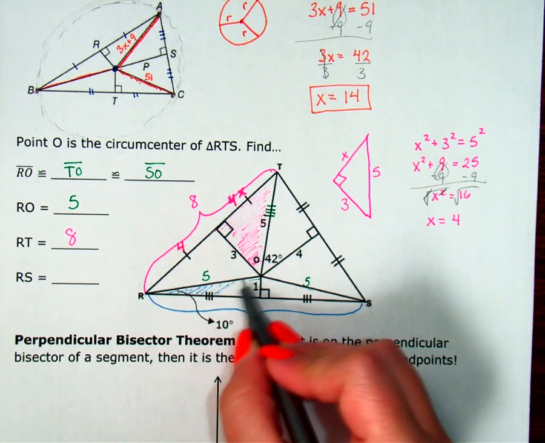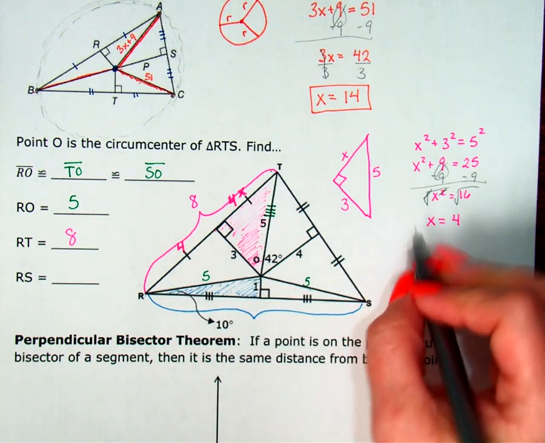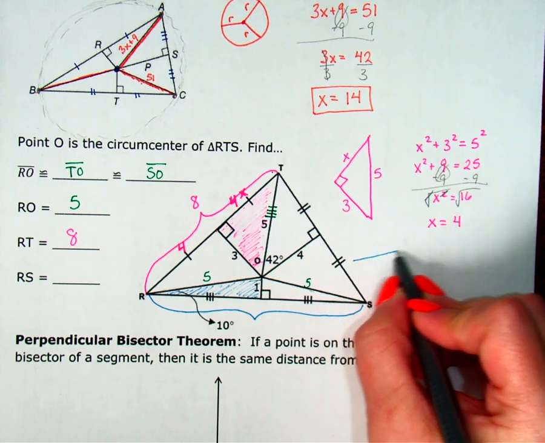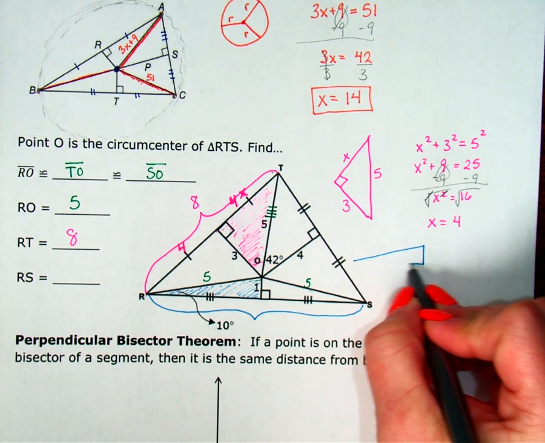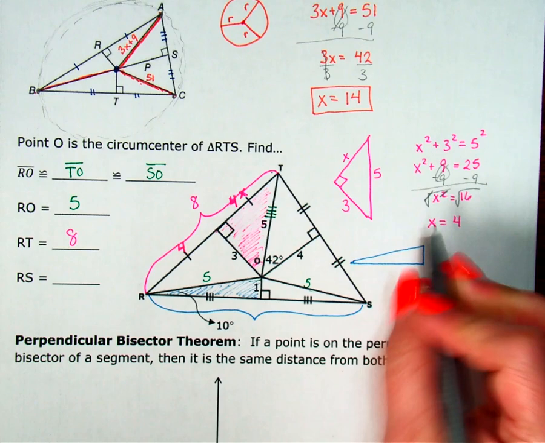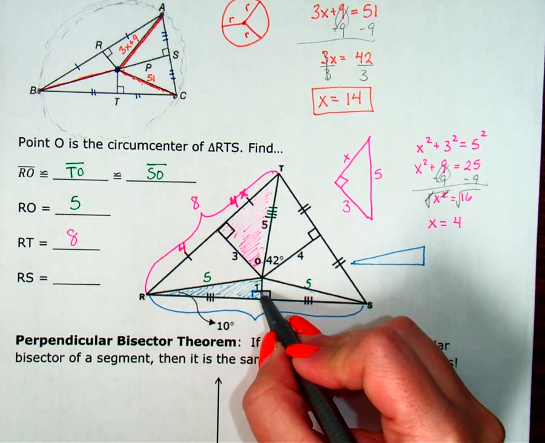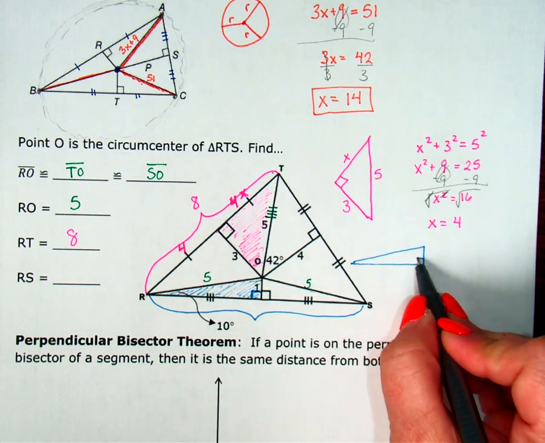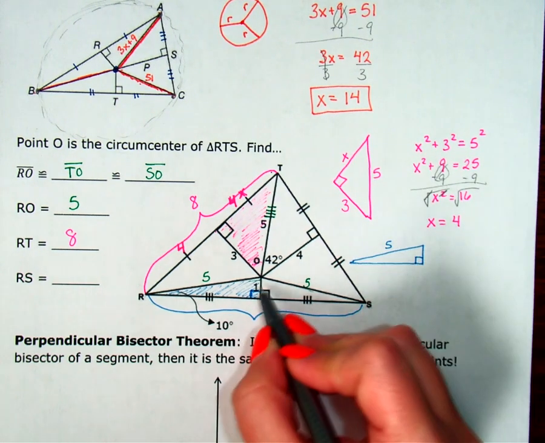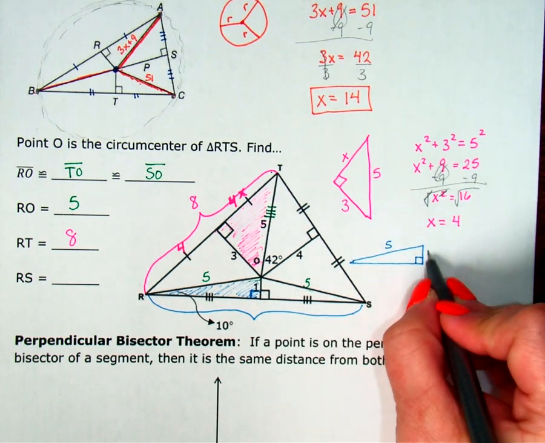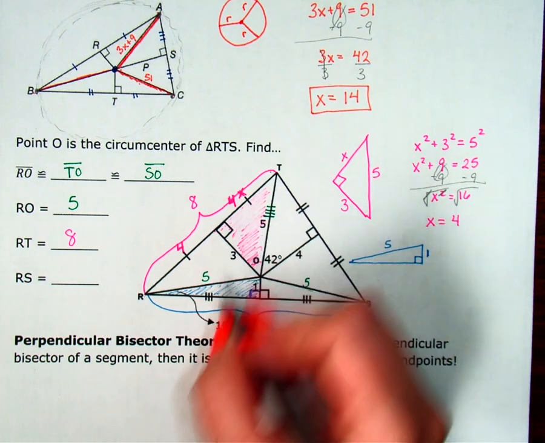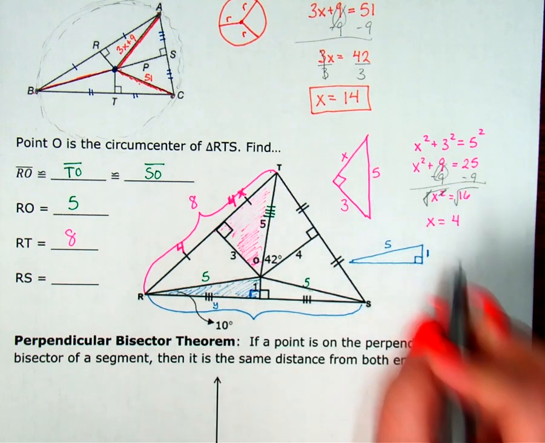So now I'm going to look at this triangle here, and when I look at that triangle, I know the hypotenuse is 5 because that's across from my right angle. I know this little piece here is 1, and I already used an x up there, so I'm going to call this one y.